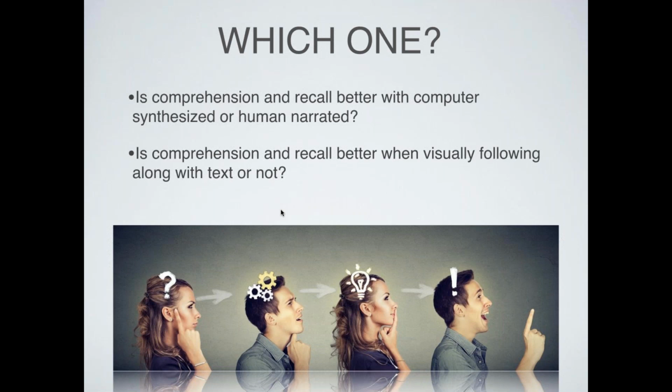Sometimes you'll see a huge discrepancy between how quickly and accurately they can recall information from one format over the other. So for example, they may not recall the information from human narrated. I kind of equate that to if you've ever listened to a book on tape, and let's say you're listening to it in the car, and all of a sudden your mind wanders and you're like, what am I going to make for dinner?